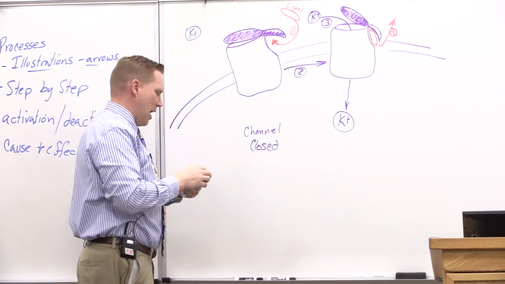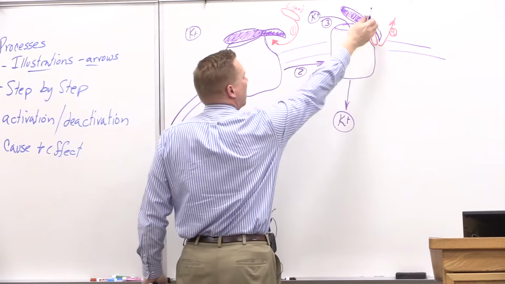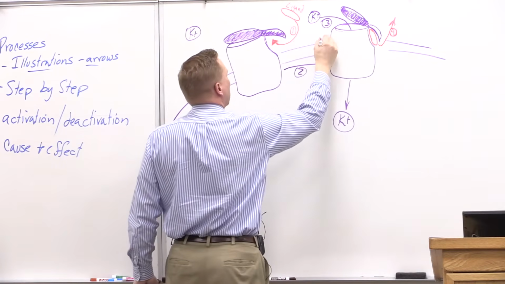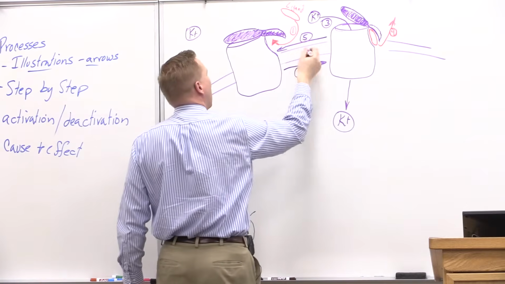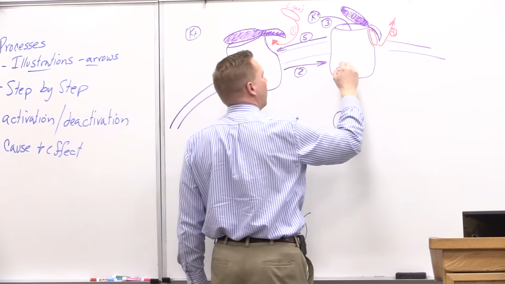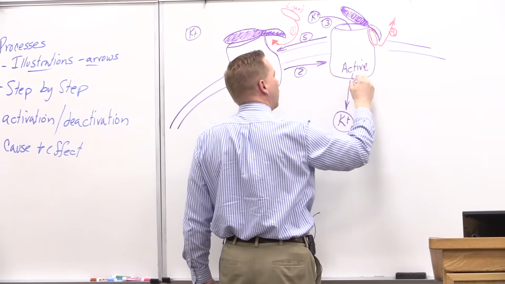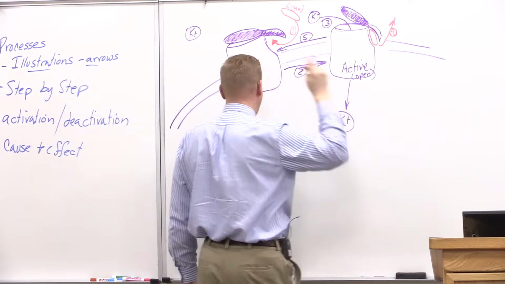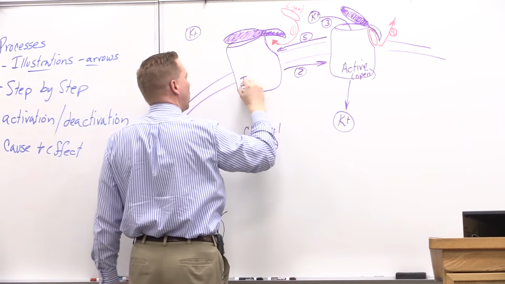And when that ligand leaves, it's the thing that was causing that gate to be open. So step 4 leads to step 5, which is a return to the inactive conformation. This is the active or open conformation, and this would be the inactive or closed.